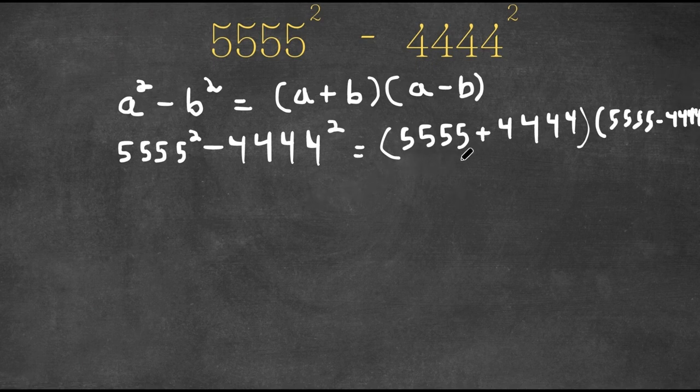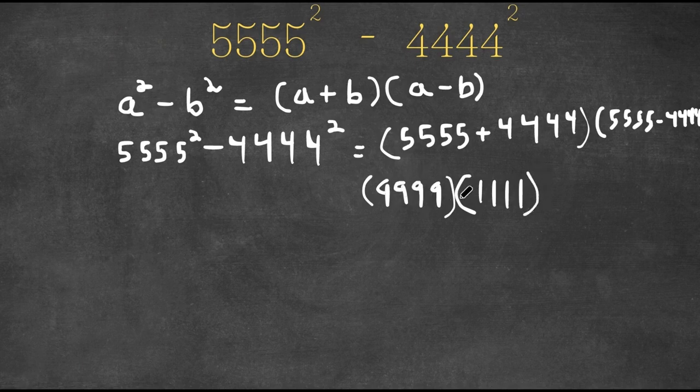So now 5,555 plus 4,444, that is simply 9,999. So we have this times 5,555 minus 4,444, which is 1,111.